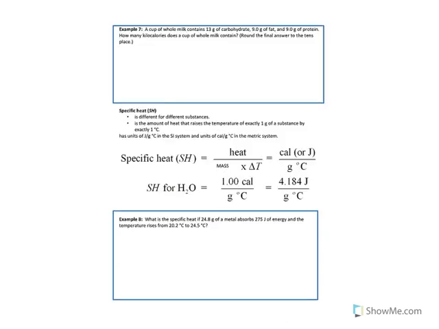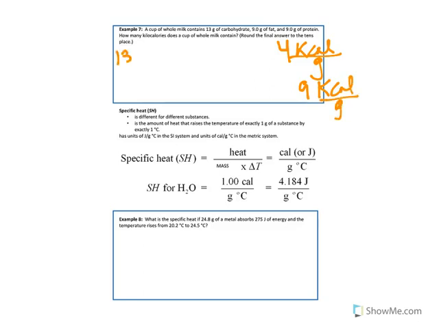So let's try an example. A whole cup of milk contains 13 grams of carbohydrates, 9 grams of fat, and 9 grams of protein. How many kilocalories does a cup of whole milk contain? So we need to look at our previous table. Our previous table said that there were 4 kilocalories per gram for carbs and protein, and 9 kilocalories per gram for fat.